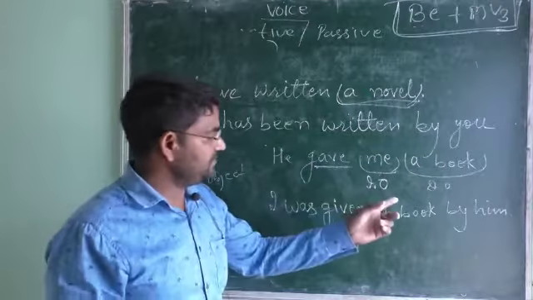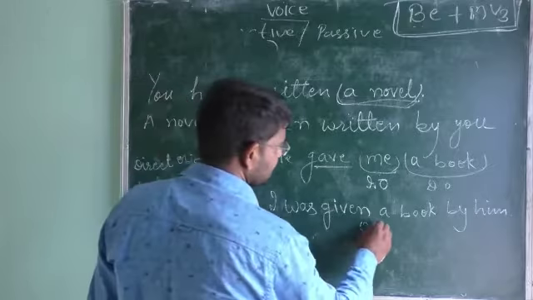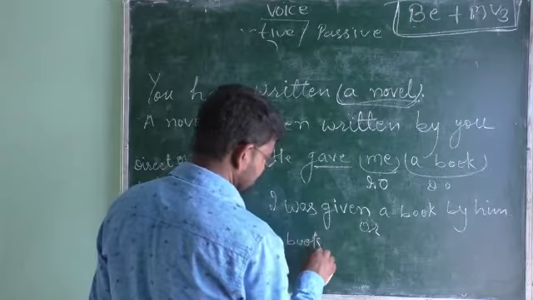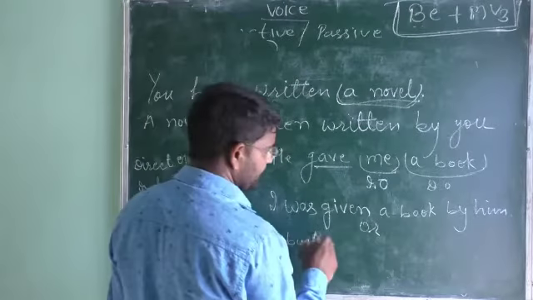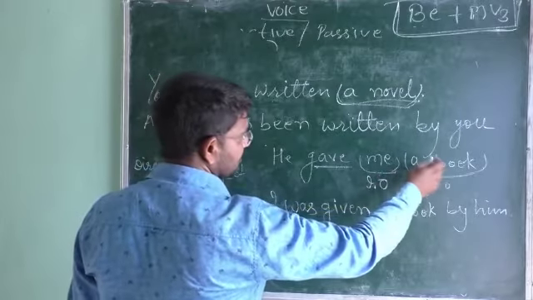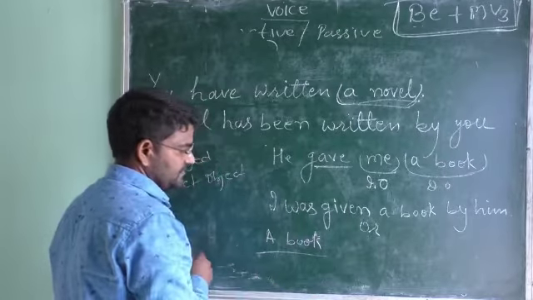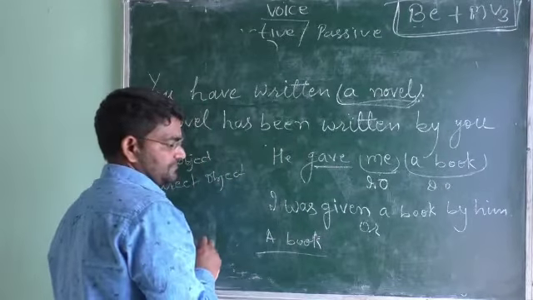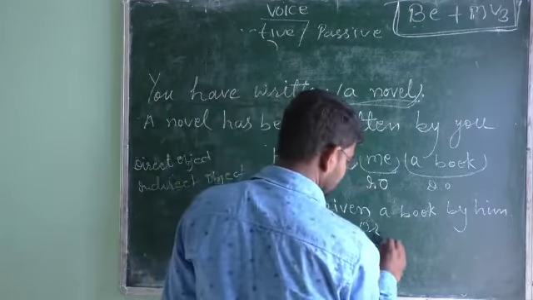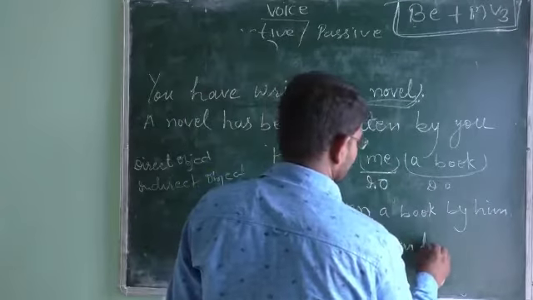We can also change from the direct object. First we put the direct object as subject, a book. Next, this is the second form, it means was given to me.